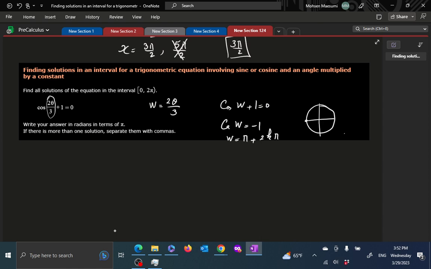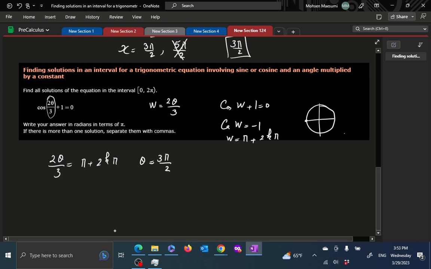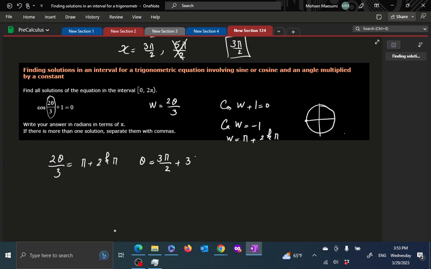Now my W is 2 theta over 3. That is what is pi plus 2k pi. So theta, I multiply by 3, divide by 2, so 3 pi over 2 plus 3k pi.